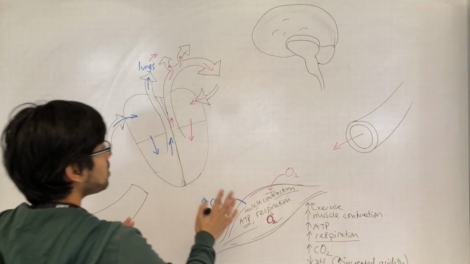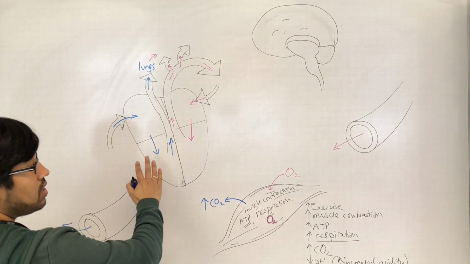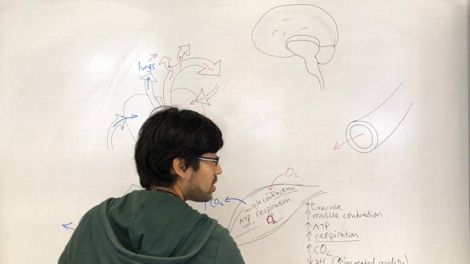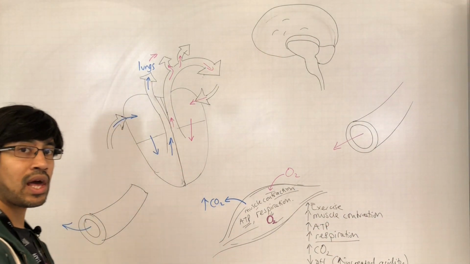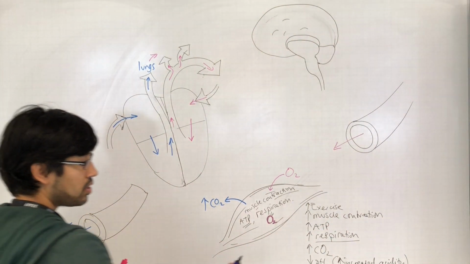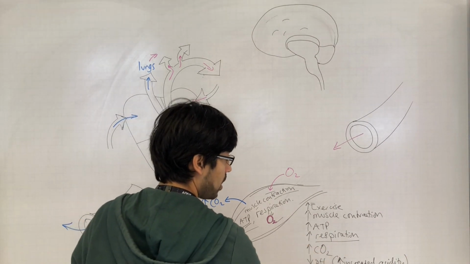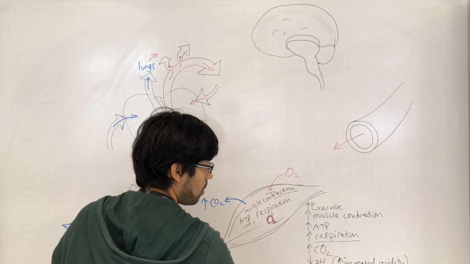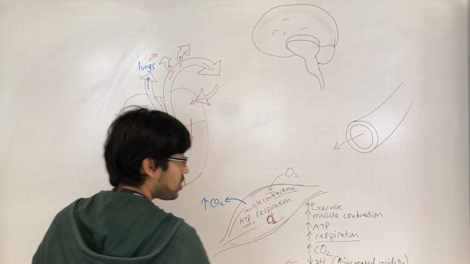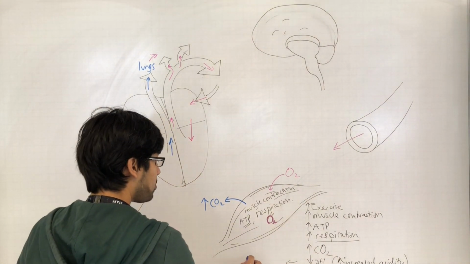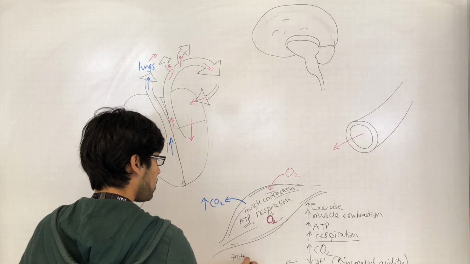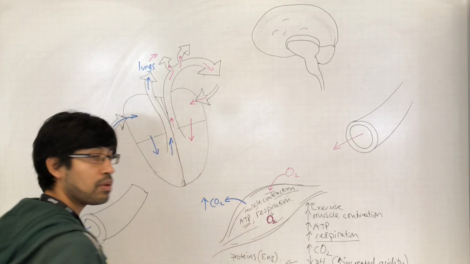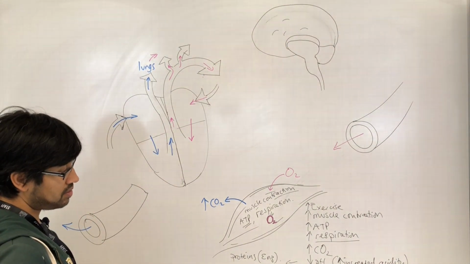And at this point, this is when the heart activity needs to respond to this, because this situation can't be allowed to continue. The pH levels in the blood can't continue to decrease, because remember, pH is going to affect proteins, including enzymes, in the body and in the cells.